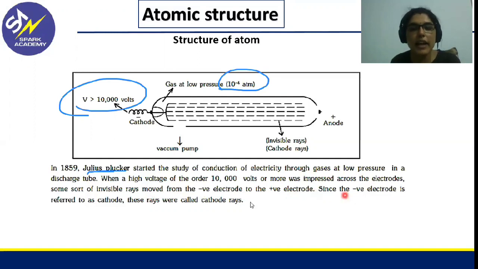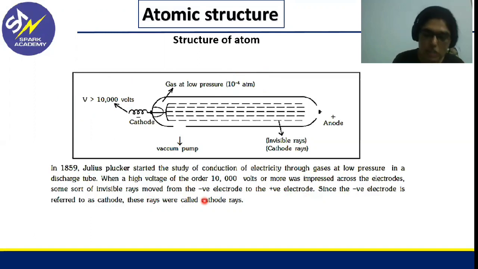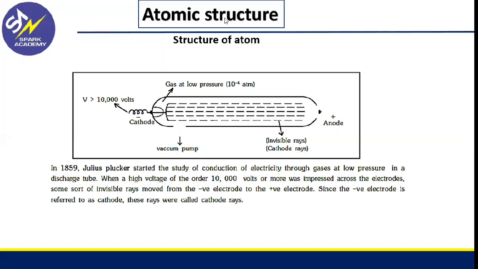Since the negative electrode is referred to as the cathode, and the rays move towards the cathode, these rays are called cathode rays. The pressure maintained was 10 to the power of minus 4 atmospheres and the voltage about 10,000 volts.